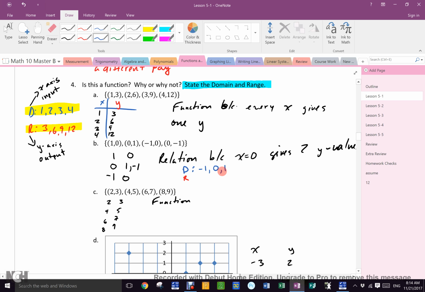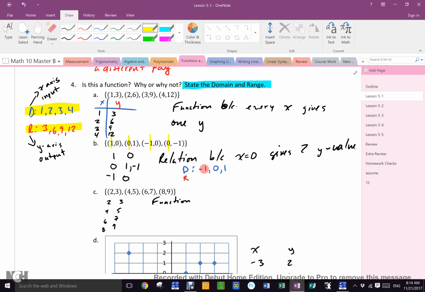Now the problem you guys get here, what messes you up, is you see that you have 4 X values here. But you technically only have 3 inputs, right? Because it's 1, 0, -1, and then we had 0 again. So we just write each value. We don't write each ordered pair. Does everybody understand that? Because the value is all we care about in the domain and the range.